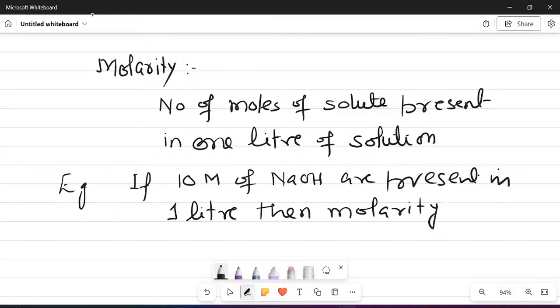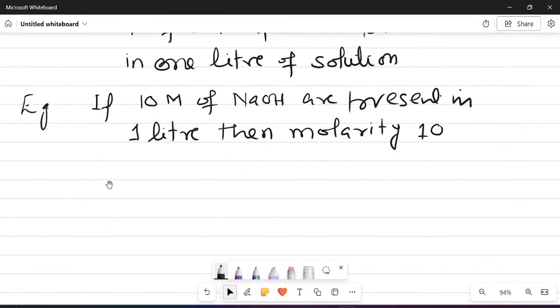Then molarity is 10. Or this is expressed by saying that the solution is 10 molar.